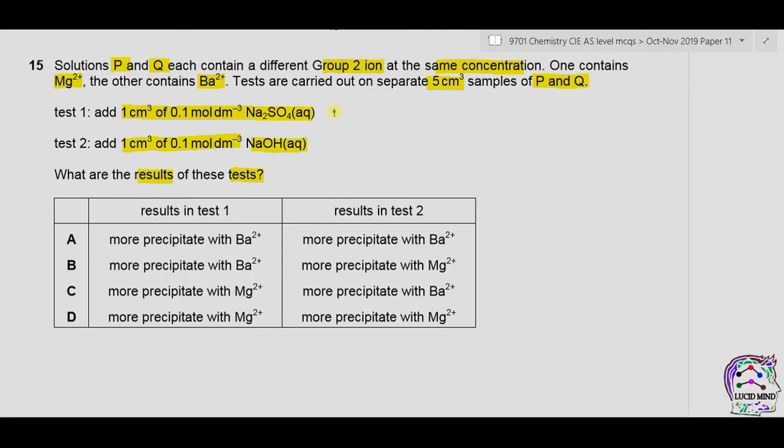As we have magnesium plus 2 ion present, so it will make magnesium sulfate in the first test, while in the second test magnesium plus 2 upon addition will form magnesium hydroxide.